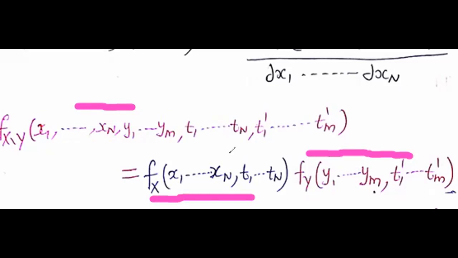That is, the meaning of statistical independence is that x is not going to depend on y, and y is not going to depend on x. Even though in the basic function we have both x and y, there is no dependency here. So observe the equation from this point to this point.